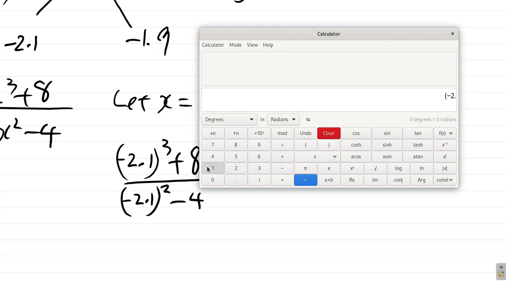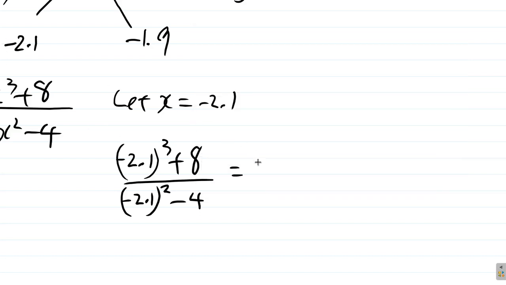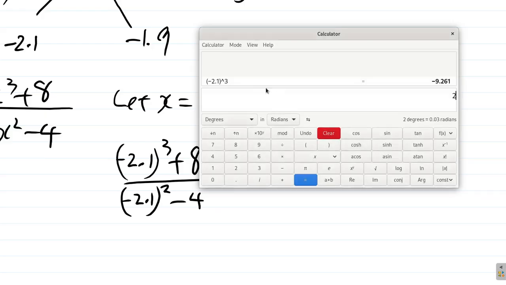Negative 2.1 raised to the power of 3 equals, so we have negative 9.261 plus 8, divided by negative 2.1 squared, same as 2.1 squared, so to the power of 2.